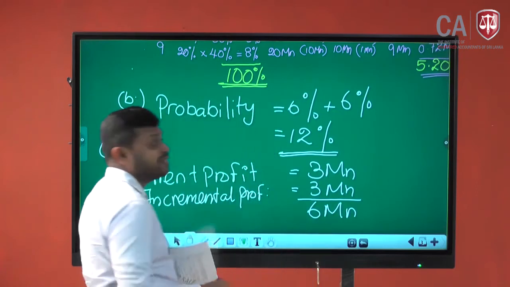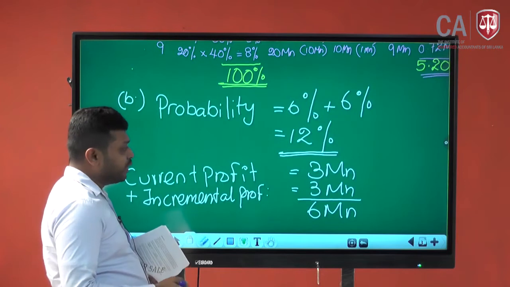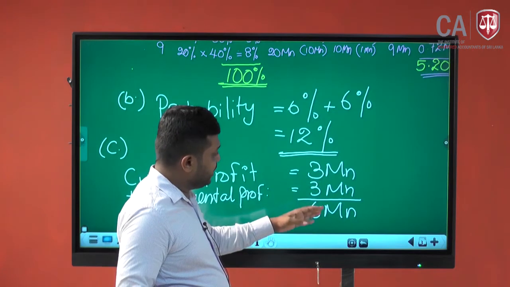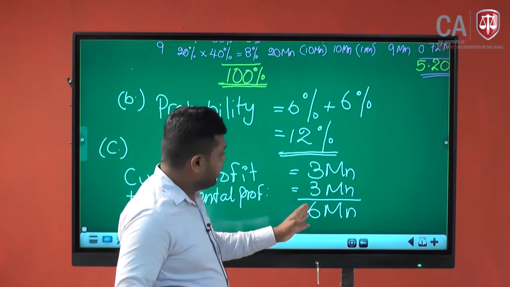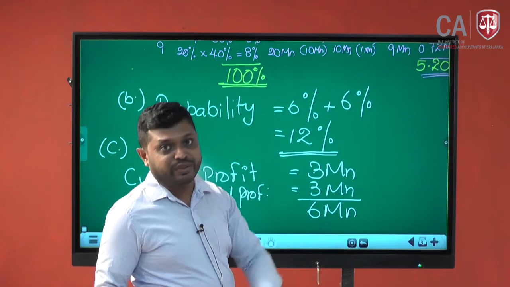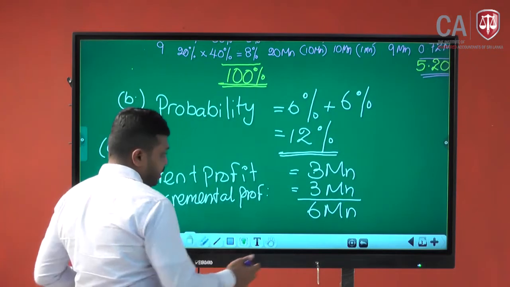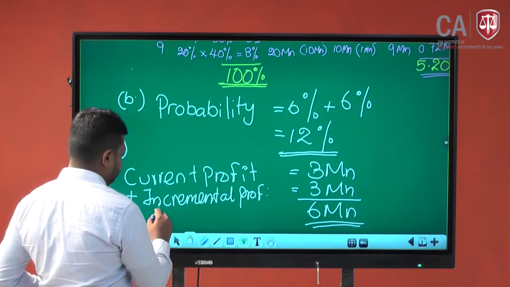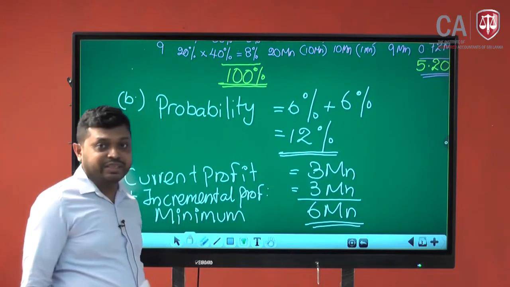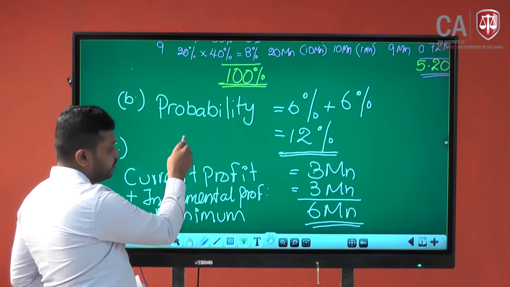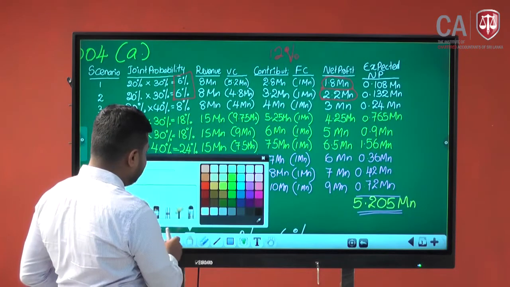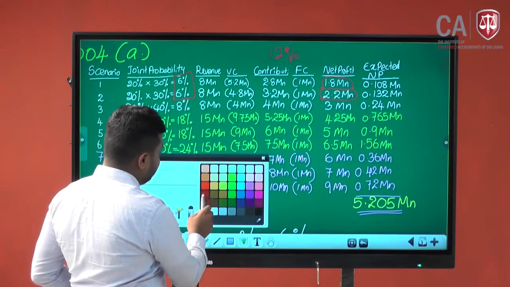If the profit exceeds 6 million, you are entitled to get 25% of the excess. Assume 6.5, then 6.5 minus the current profit 3 million, then 3.5 into 25% is the entitlement, right? This is the minimum threshold. Beyond this point, if you have earned the revenue, then you are entitled to get the incentive. What are the instances in which you get that amount?